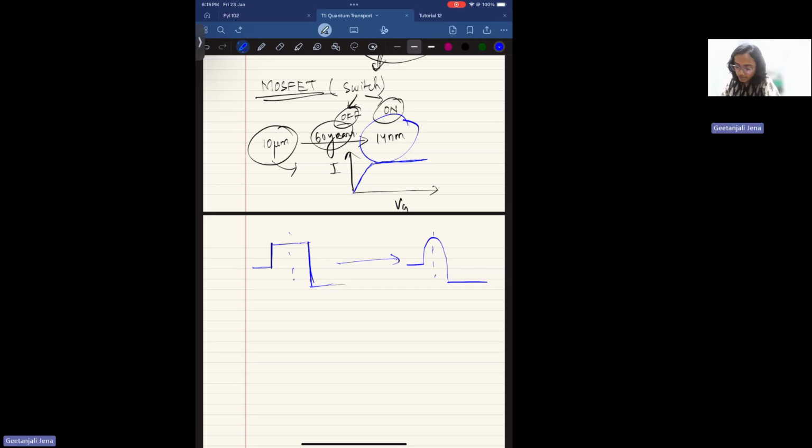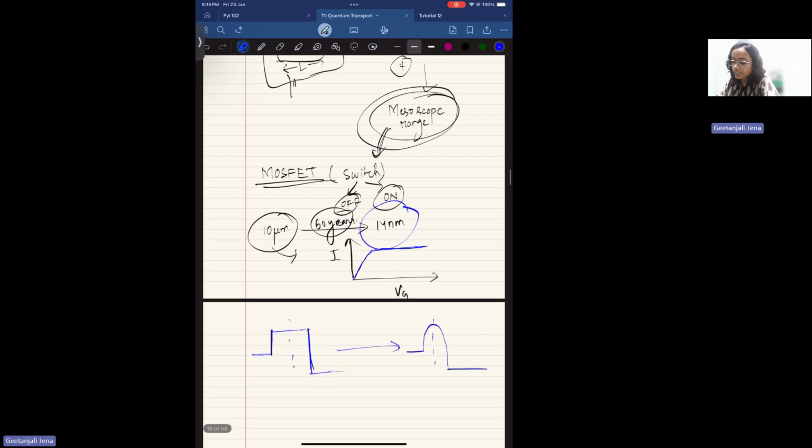When we apply the voltage, there is no longer a well-defined barrier. Ideally, when we don't apply a gate voltage there shouldn't be any drain current. But because of this size reduction, there will be a leaky path.